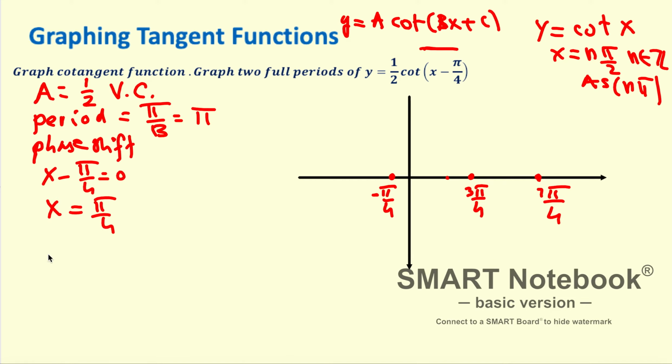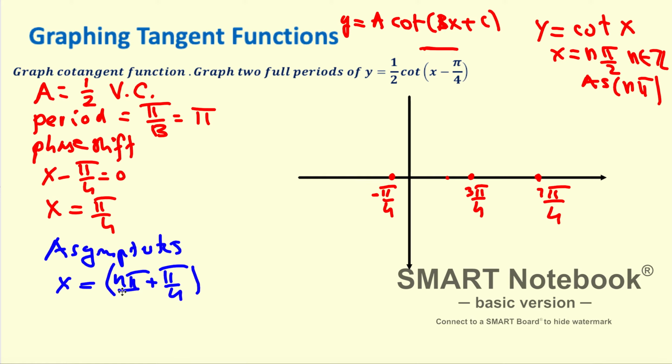Okay, but now we are looking to find the asymptotes. For the parent function the asymptotes are at n pi, but because we have a shift of pi over 4, the asymptotes are x equals n pi plus pi over 4.